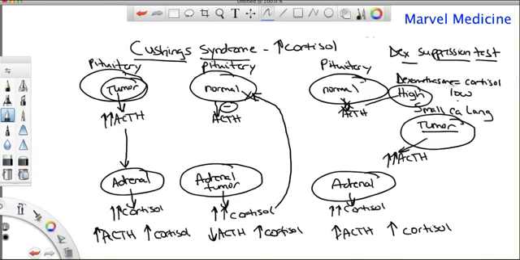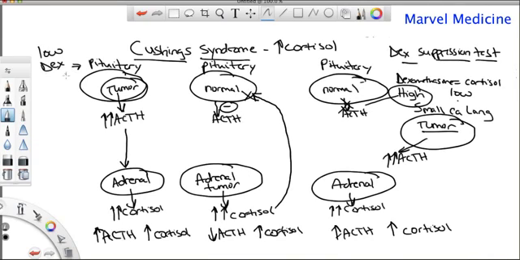Now, let's take the dexamethasone test in each scenario here. Let's take it first in the pituitary tumor. Let's say I have a patient with a pituitary tumor, and I gave this first patient a low dose of dexamethasone.